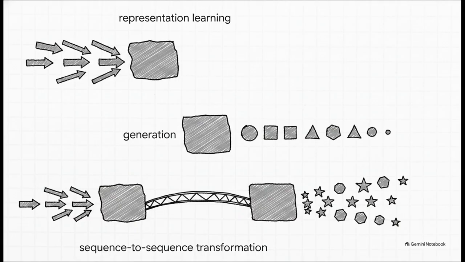These are highly optimized for representation learning, basically grasping deep context within a dataset. Then we have decoder-only variants. These are built for autoregressive generation, meaning they excel at predicting the next word in a sequence to generate long-form text. Finally, we have the encoder-decoder variants, which combine both to handle conditional sequence-to-sequence tasks, like taking a whole sequence of English text and outputting a sequence of French text.